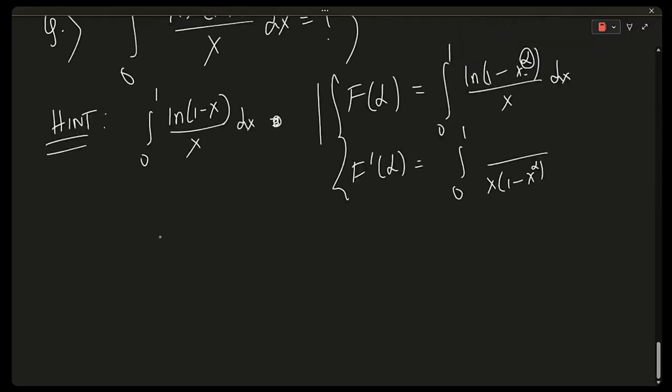Let's take a new approach. तब g of alpha equals to 0 to 1 ln of 1 minus x alpha by x.